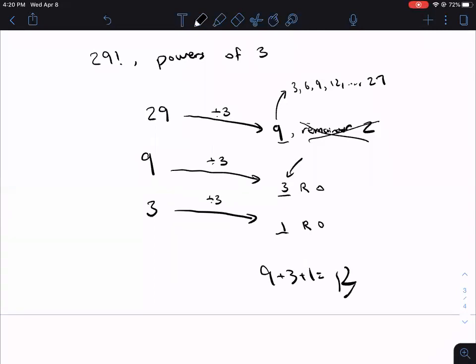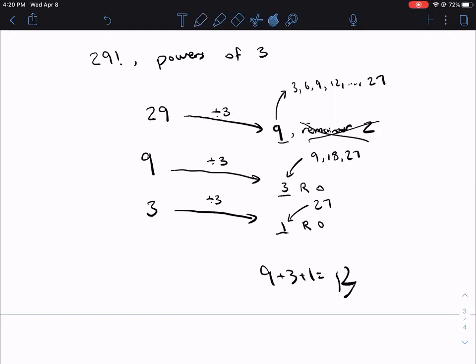So this counts 9, 18, 27 again. But then here with this 1, we can see that 27 is 3 cubed. That means it contributes 3 powers of 3. So we have to count that one last time. So that's essentially what it's doing.